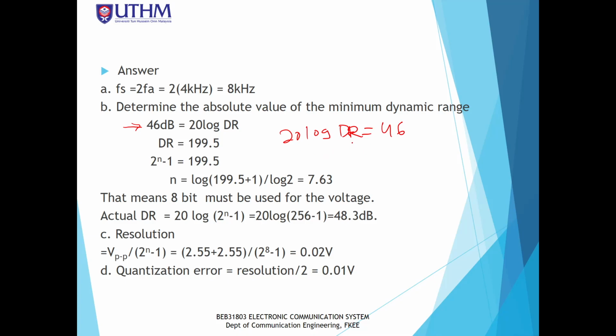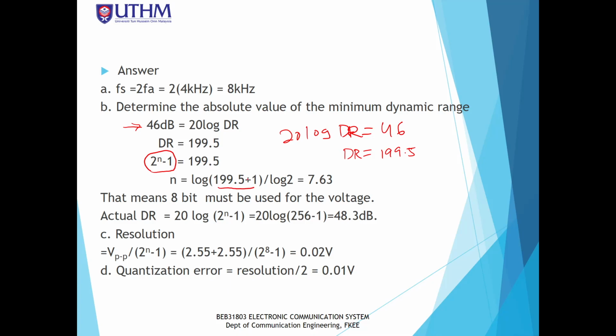So DR, after we do the antilog, is 199.52623. In this example, just use 199.5. And 199.5 is equal to 2 to the power of n minus 1. So 2 to the power of n is equal to 200.5.